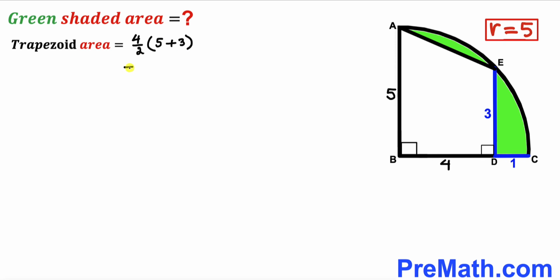So we end up with 2 times 8, which equals 16 square units.